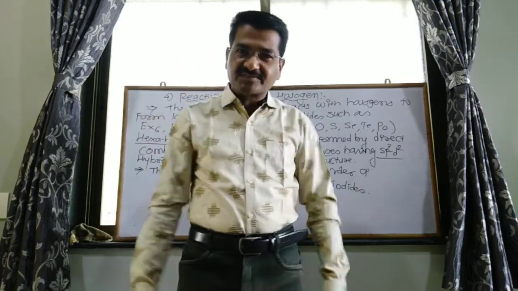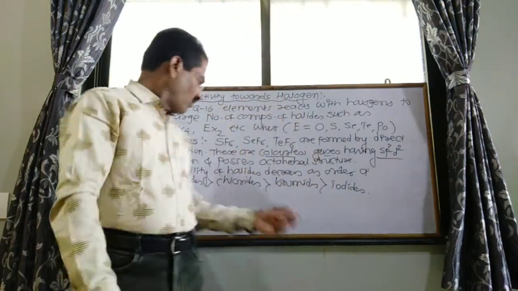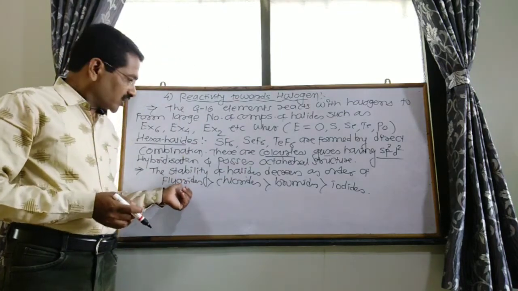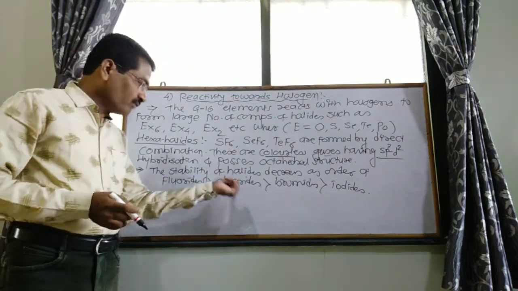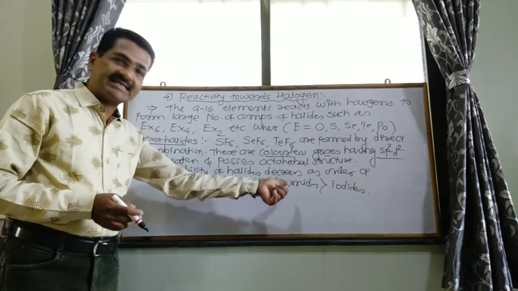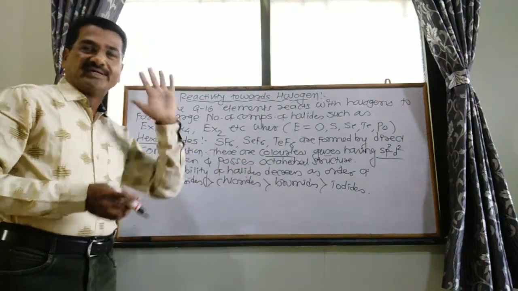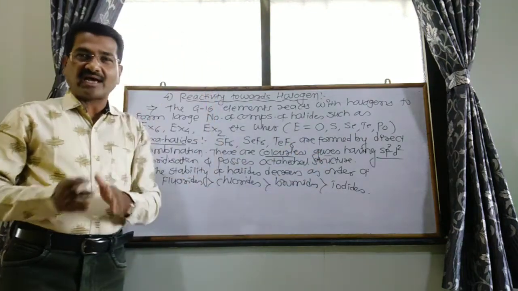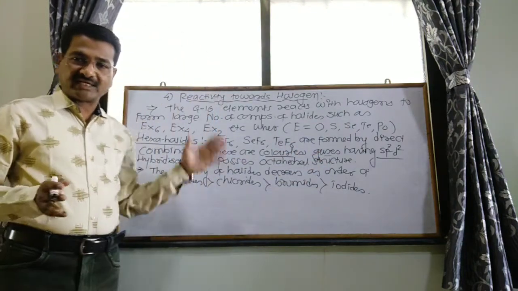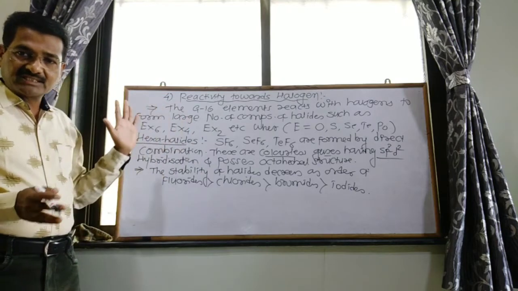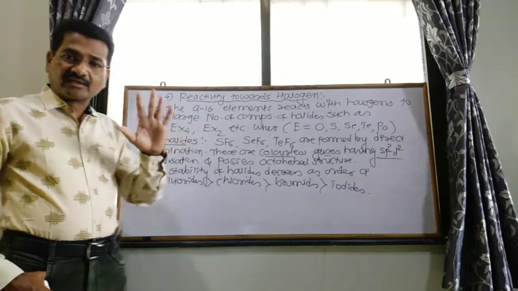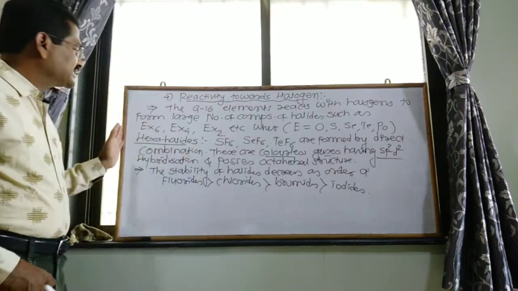This indicates that among halogens, fluorine is the most reactive, chlorine is less reactive than fluorine, bromine is less than chlorine, and iodine is much less reactive than all of these. So these are the hexahalides.